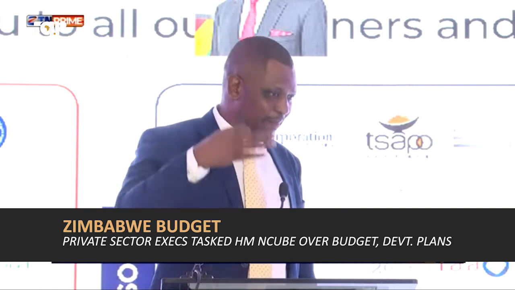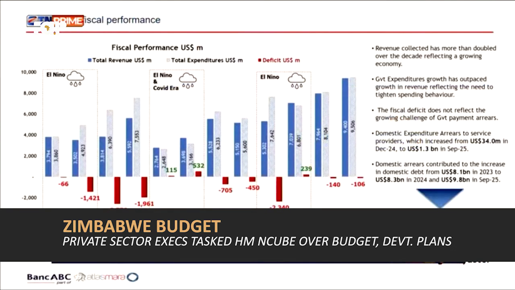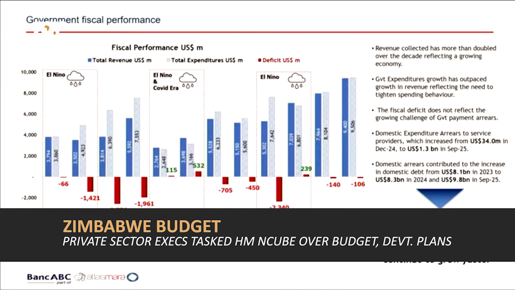I know there have been periods when we've been affected by the El Nino weather pattern, but also, when you look at the bottom line of the graph, it shows the transitions that we have gone through from a currency perspective: US dollar era, RTGS, ZWL, ZIG, and so on. So we have transitioned over time in terms of the currency regimes.